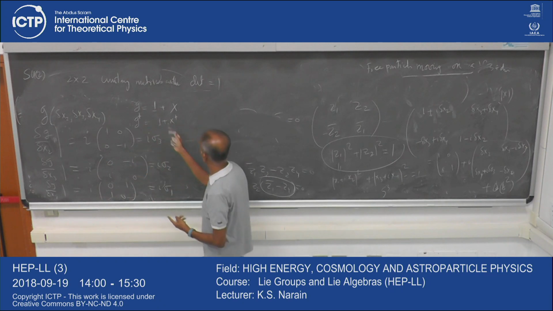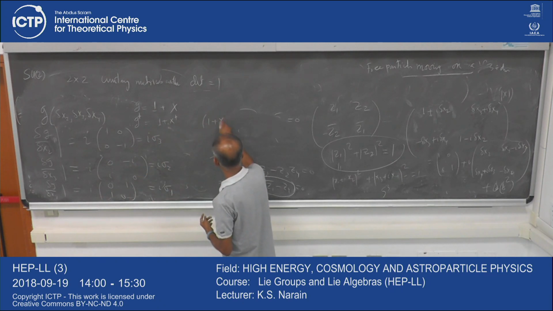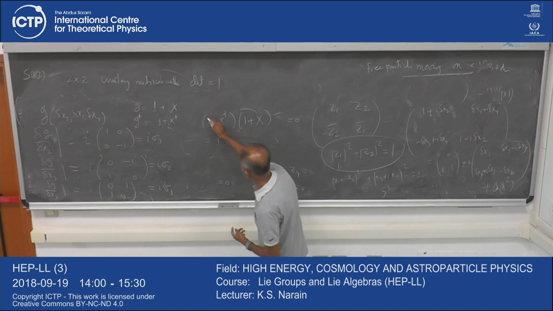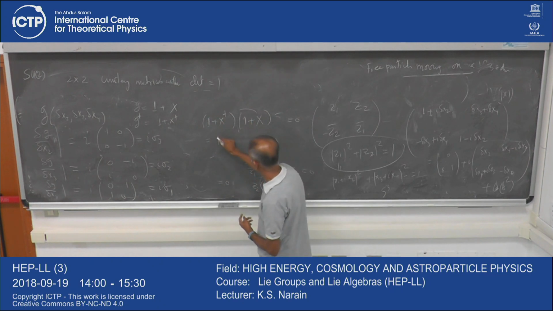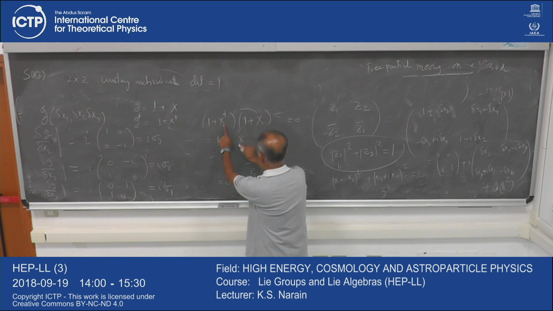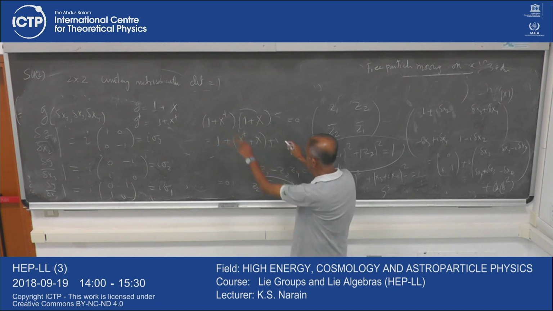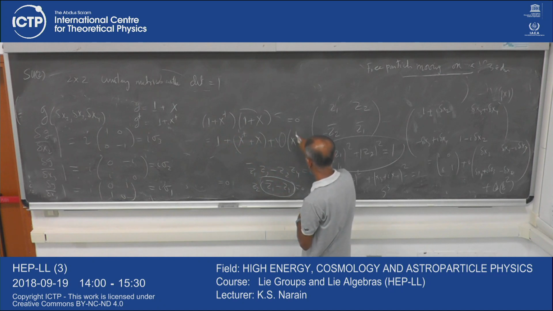So 1 plus X dagger times 1 plus X, just open it up: you find 1, meaning the 2 by 2 identity matrix, plus X dagger plus X, plus the second order term, of order X dagger X. But second order we are not trusting anyway.